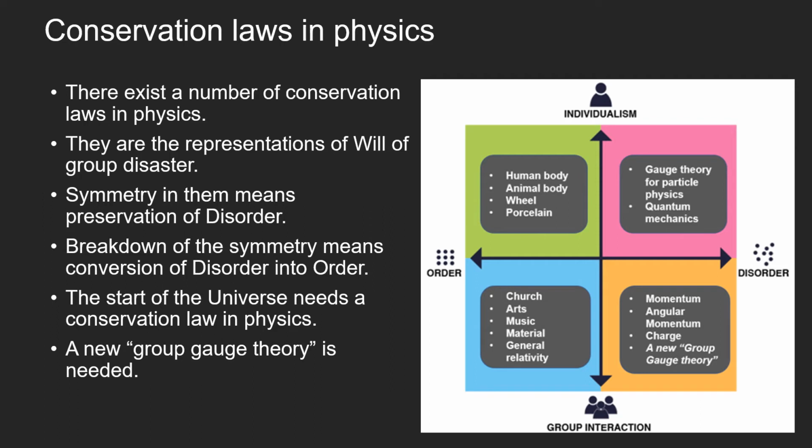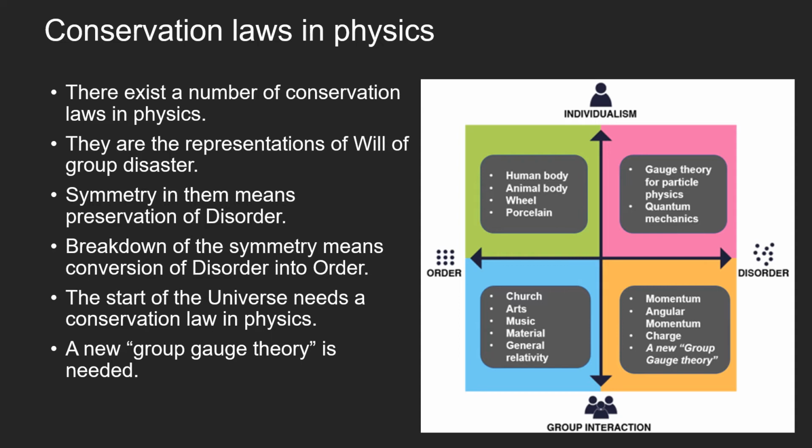The breakdown of this symmetry would mean that a big part of the huge constraint wheel is converted into constraint order, and a part of it converted into unconstrained disorder. It is the part of the start of the Big Bang process.